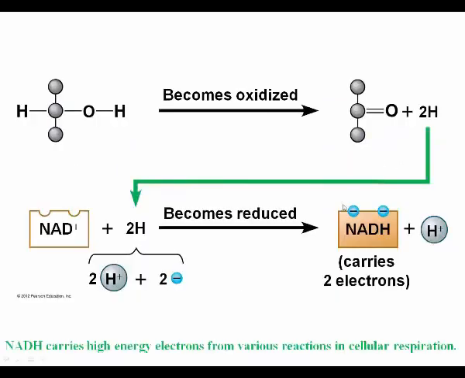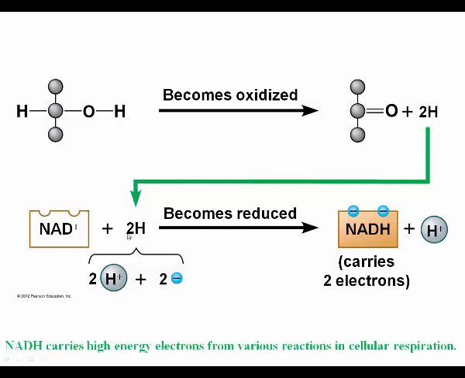One of the molecules that's important in that process is a molecule called NAD+. NAD+ is going to be an energy carrier. So here's our little organic molecule with high energy electrons between carbon and hydrogen. And when this molecule becomes oxidized, remember, it loses hydrogen. So this is a reaction that's caused a loss of 2 hydrogen atoms.